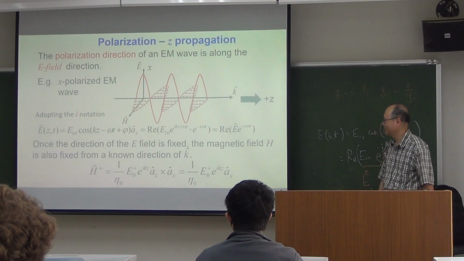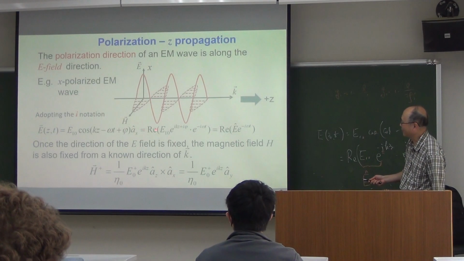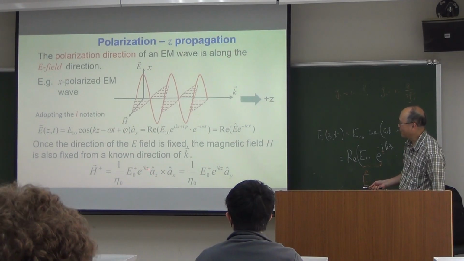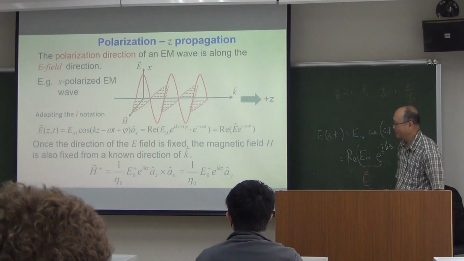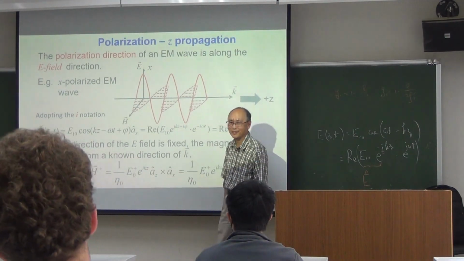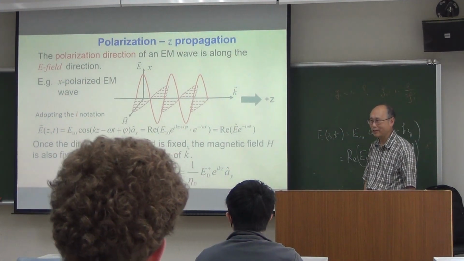All right. The good thing about this notation is that when you have a wave propagating along the z direction, you notice that you have a plus sign here, always a plus sign. So that is why physicists really like it.